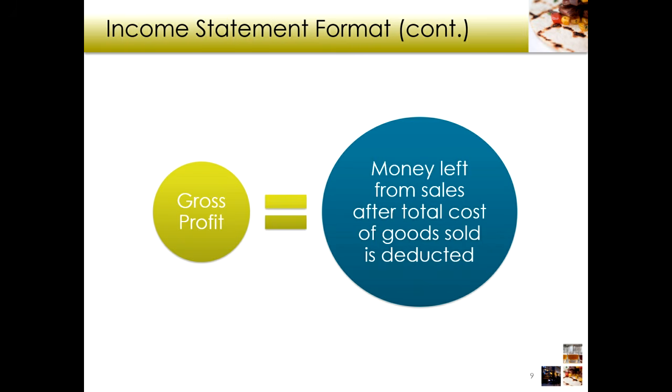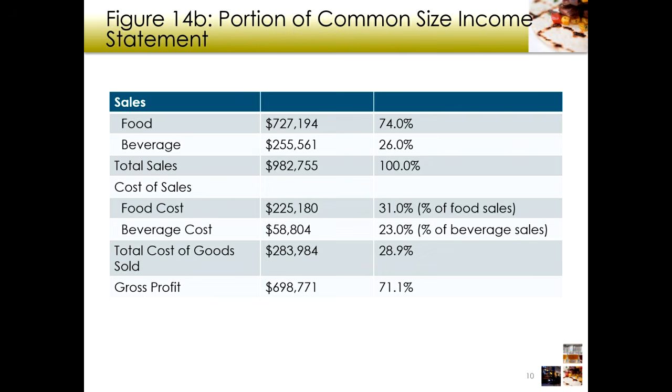So before we've taken out our labor cost or our rent or our repairs and maintenance or any of that stuff, our gross profit is how much of our total sales is left after we paid for our food cost and our beverage cost.